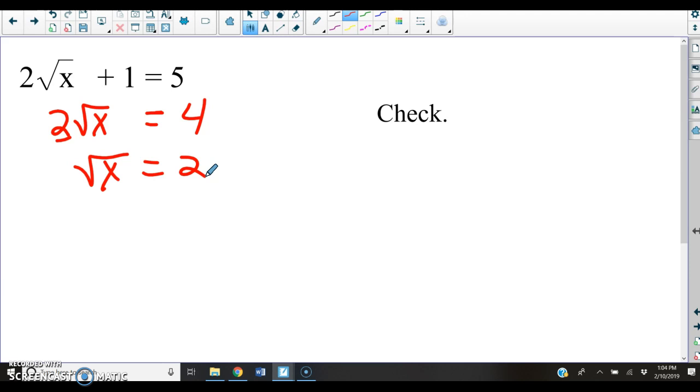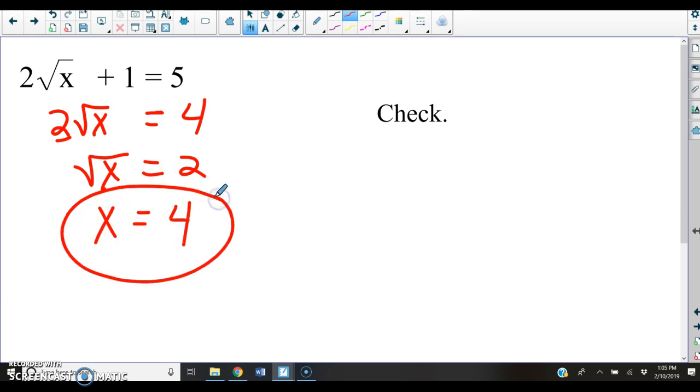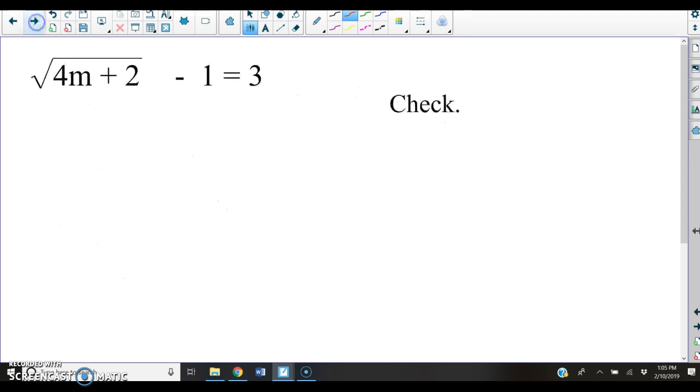I might just square it where it's at. And then I'd have 4x equals 16 when I solve it. So when I square both sides, I'll get x equals 4. Go back and check it. 2 times the square root of 4 plus 1. Yep, that's 5. Wouldn't it be nice if they stayed that easy?